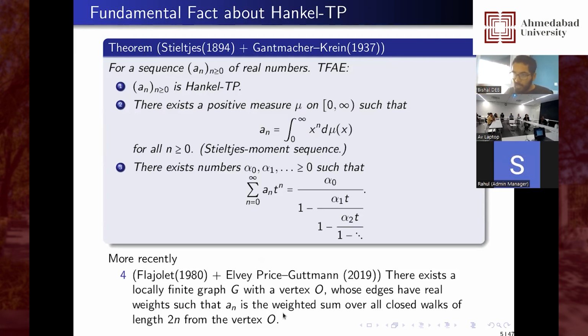By the weight of a walk, I mean for each walk, you take the product of all the edge weights that it traverses, and you add over all of these. If this happens, then this is another equivalent condition. So Hankel total positivity is equivalent to the existence of such a graph with these edge weights.